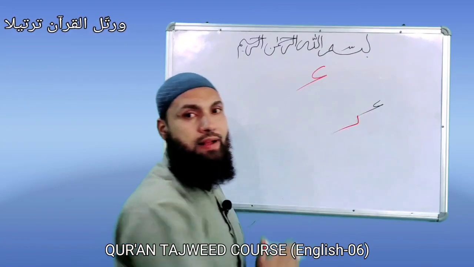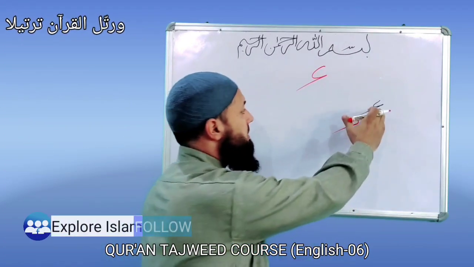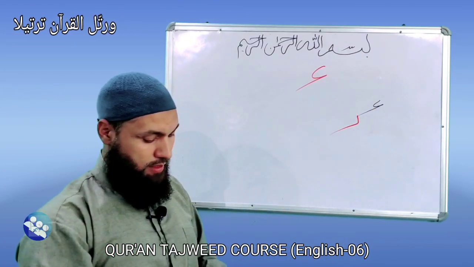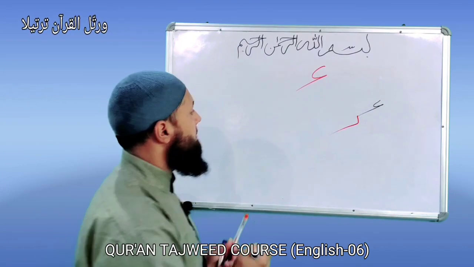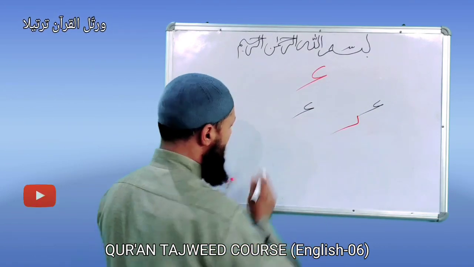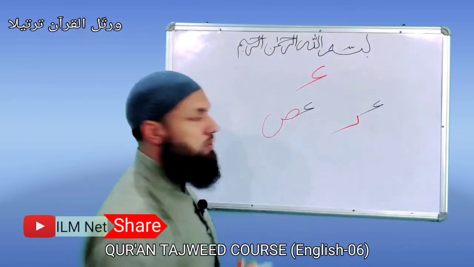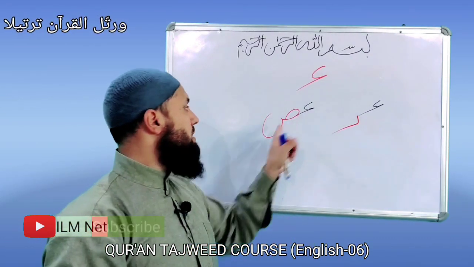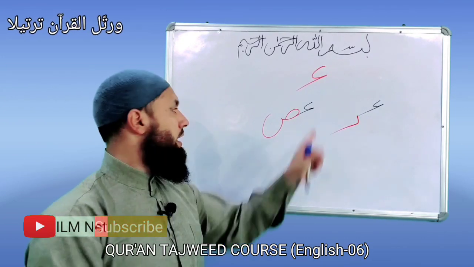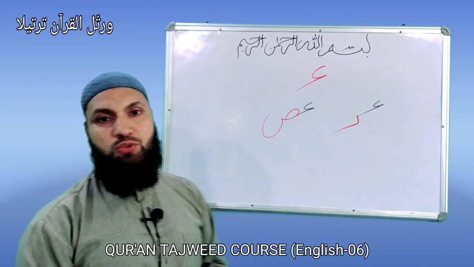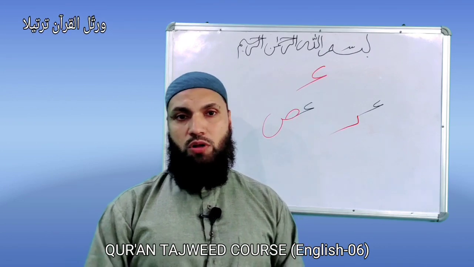It will not look like hamza ra, we will read it as ayn ra. Or if we write hamza and try to join it with sod, we will not read it as hamza sod, we will confuse it with ayn sod. So we never join hamza with any letter at all.